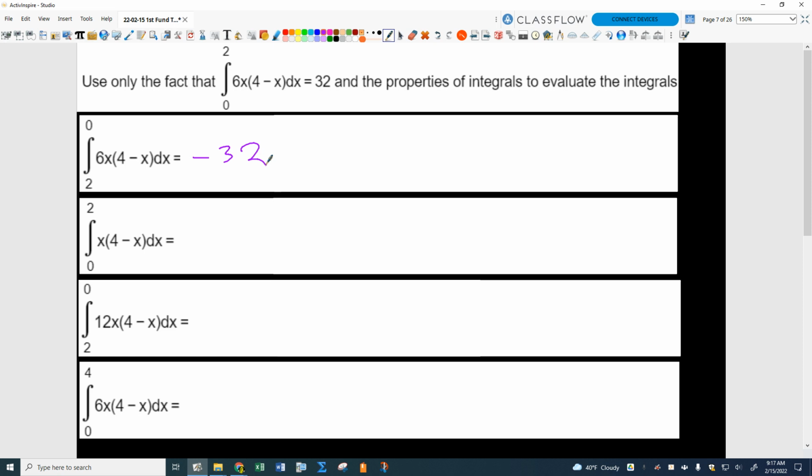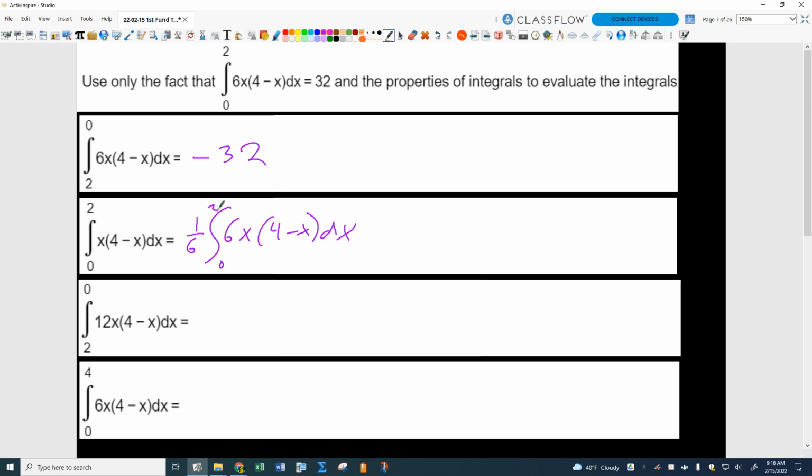Yeah. Everybody see that? Okay, and here's a justification for that, because this is equal to 1/6 times the integral of 6x times 4 minus x dx from 0 to 2, right? 1/6 times 6 is 1.